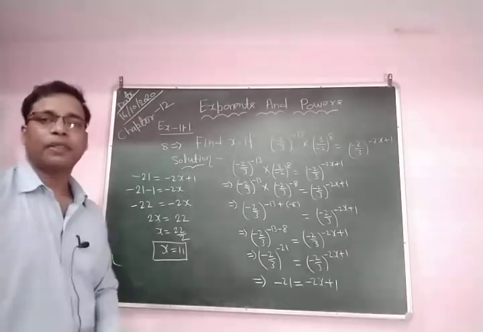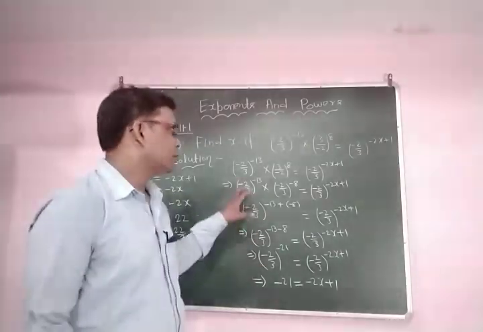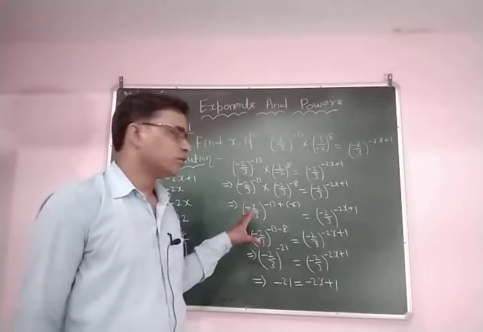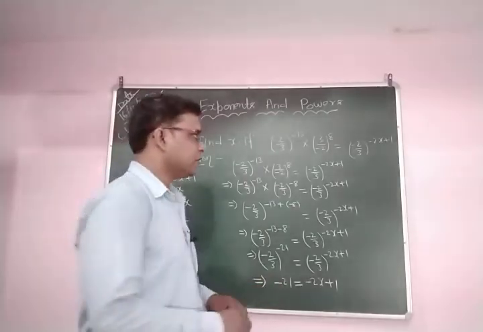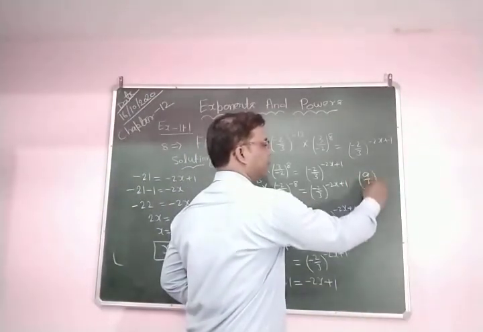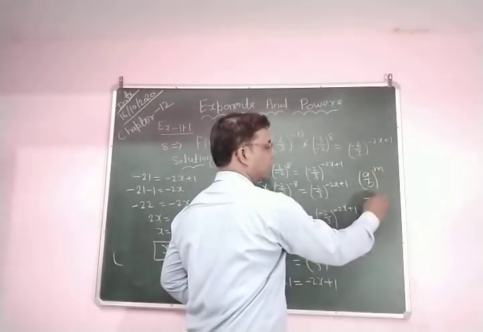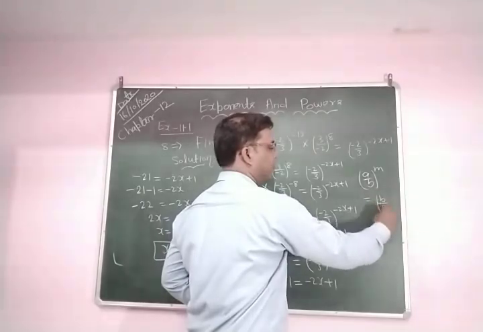So students, I hope all of you understood these questions, how to solve this. And in this part we use this method. So you can write like that: (a/b) power m is equal to, you can write, (b/a) power -m.